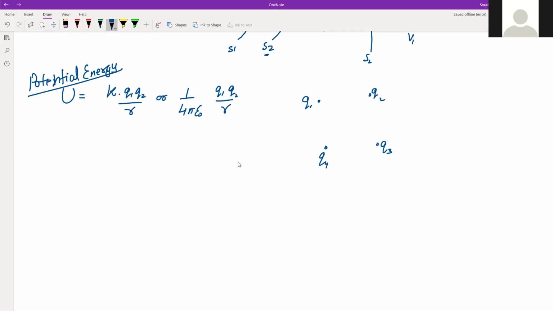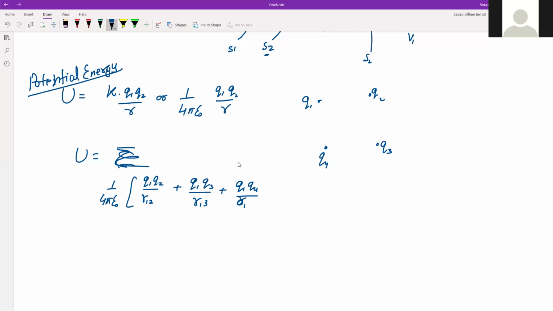So U will be equal to the sum of, or instead I'll write, U equals 1 by 4 pi epsilon naught times Q1Q2 by r12, that is the distance between 1 and 2, plus Q1Q3 divided by r13, plus Q1Q4 divided by r14, plus Q2Q3 divided by r23, plus Q2Q4 divided by r24.